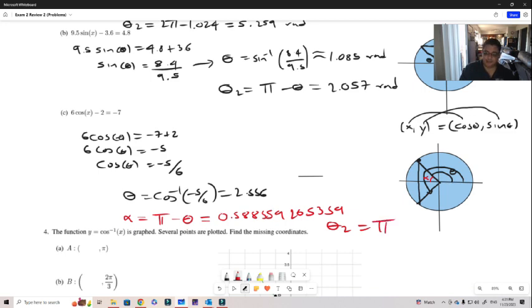Okay, so pi plus alpha. And so adding this to this angle here, we got 3.727. And that's a pretty good approximation.